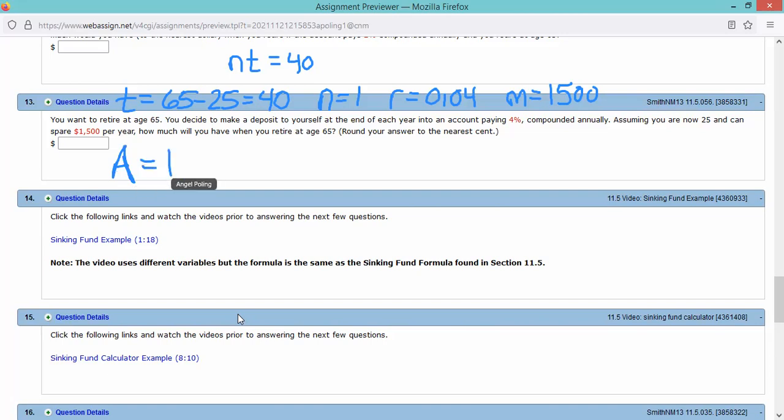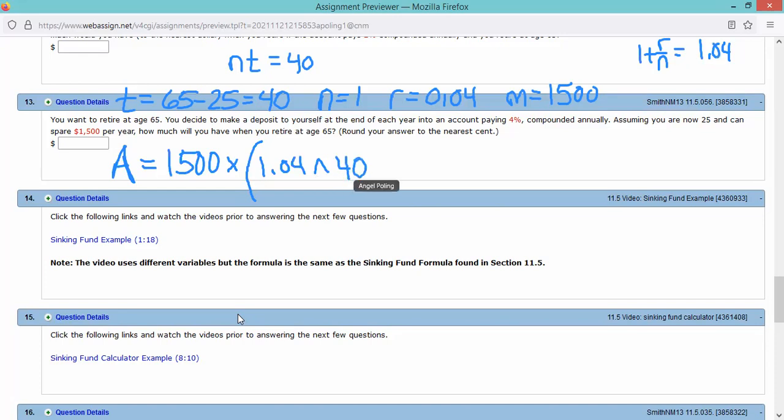So 1,500 times my numerator, 1 plus R over N is just 1.04. And then we raise that value to the NT, and then take away 1, end parenthesis, divide by R over N, which again is just 0.04.